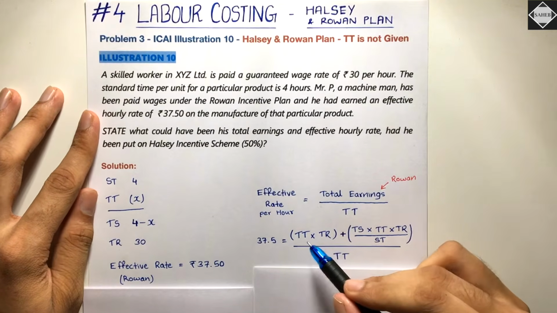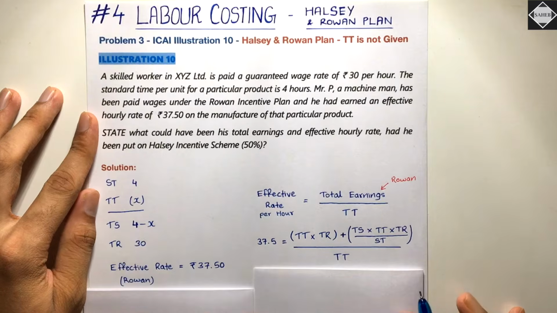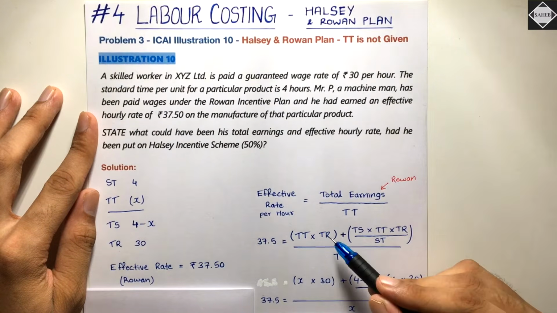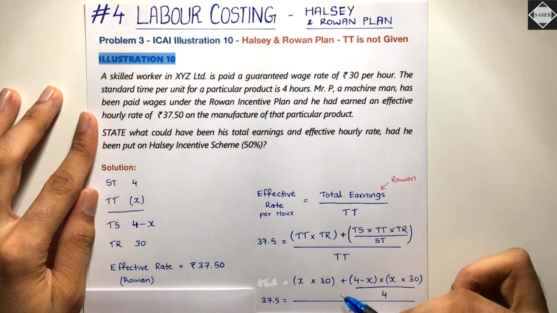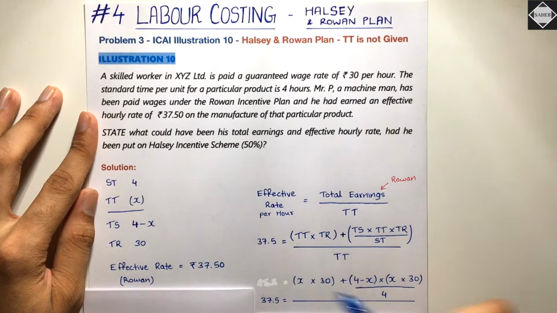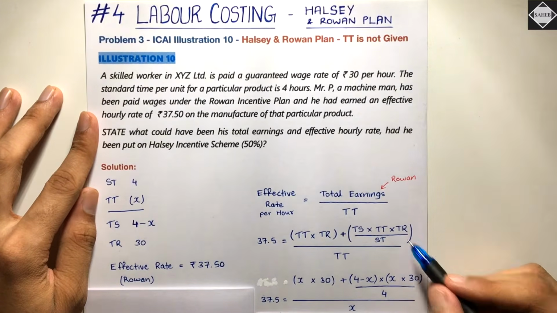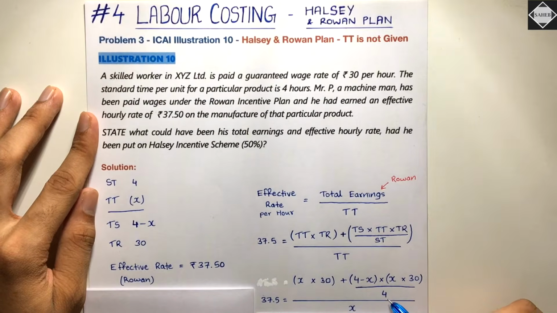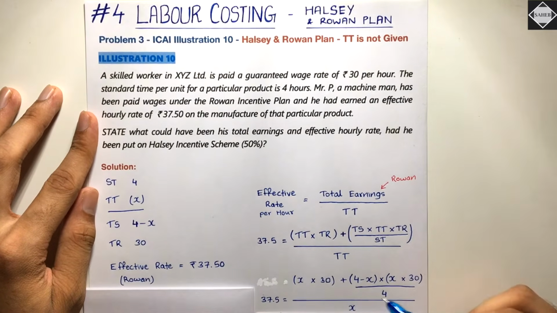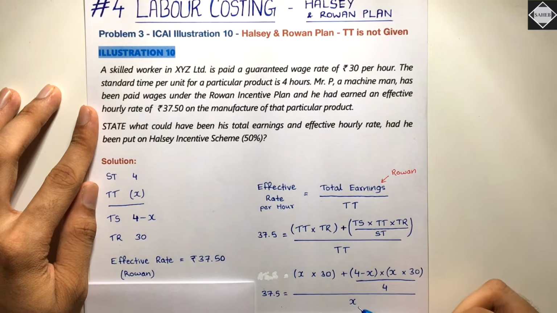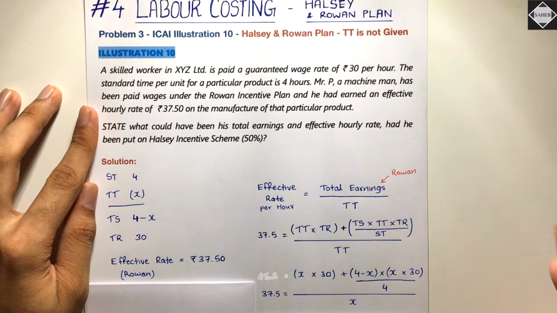Do we have time taken? We don't. We have it as x. So just put that as x. Time rate we have, that's 30, plus time saved 4 minus x. Time taken just x, and then time rate 30 divided by the standard time, which is 4 hours. And then divide the whole thing by the time taken, which is nothing but x. So now we can easily solve this.